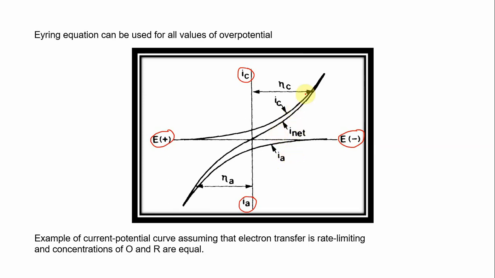Then we have this net current, which is again passing through the origin, and since it is passing through the origin, it conveys certain things. Although it is passing through the origin, we must remember that this does not mean that the electric field is equal to 0, and it gives other information also.